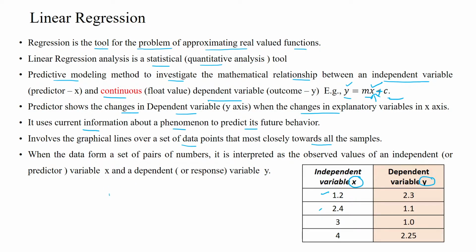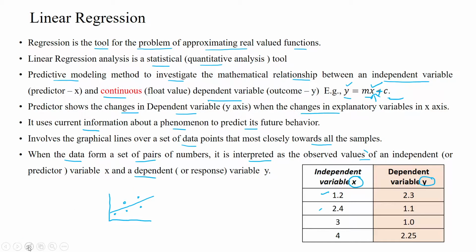For example, when you are creating the data samples, the decision boundary will be close to all the data points, using the data set where the data form a set of pairs of numbers which is interpreted as observed values of an independent variable x and a dependent variable y.